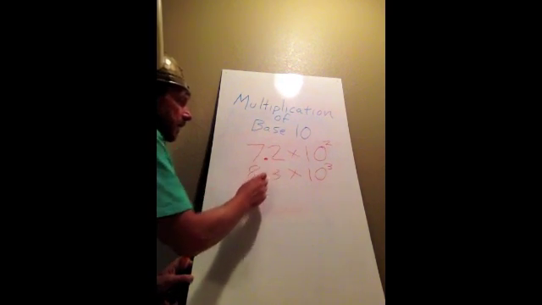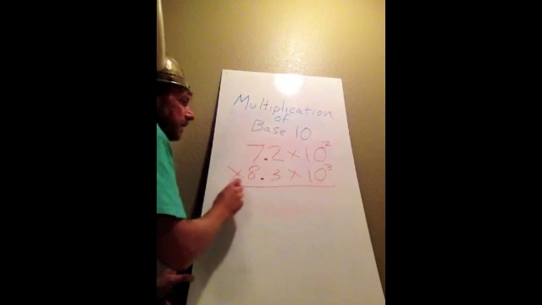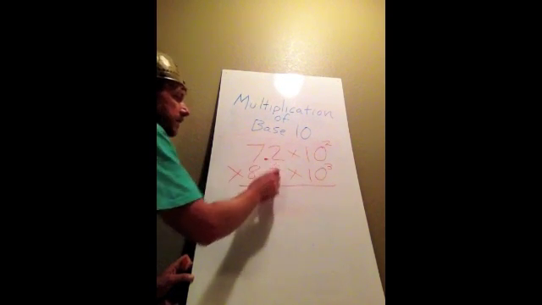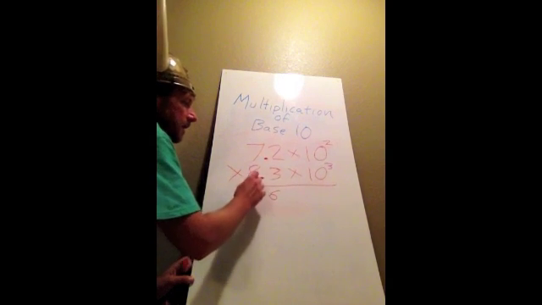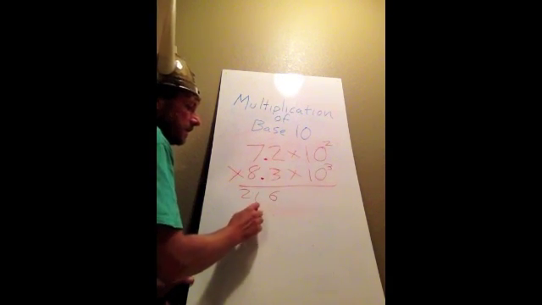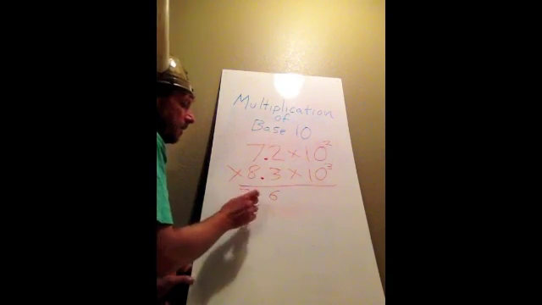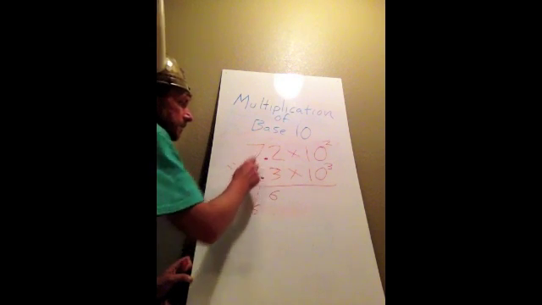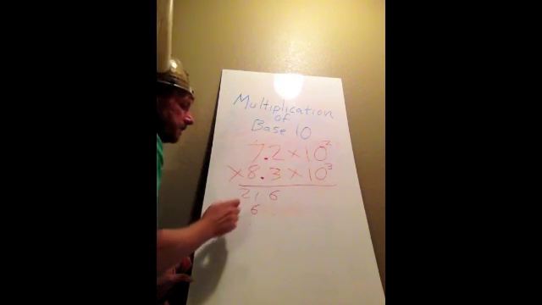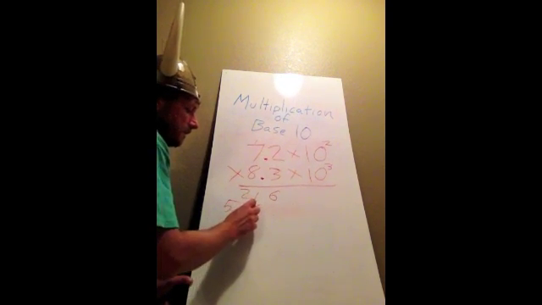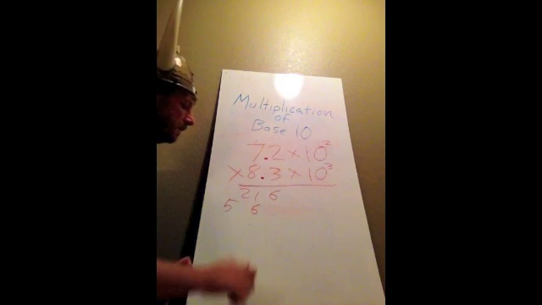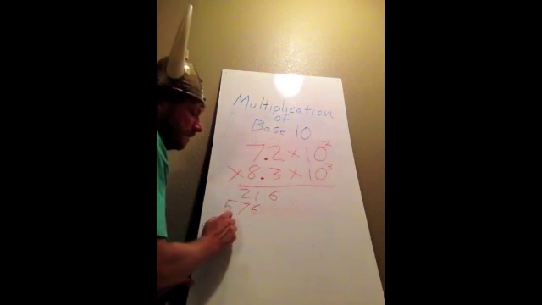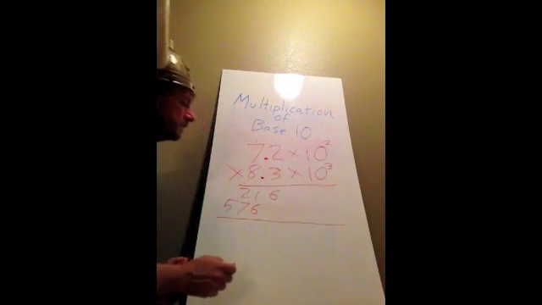Put our decimal points back. Let's multiply. 3 times 2 is 6. 3 times 7 is 21. 8 times 2 is 16. Carry the 1. Right? 8 times 7 is 56. Add the 1 in. 57. Funky 7. I think I did that right. Draw the line.